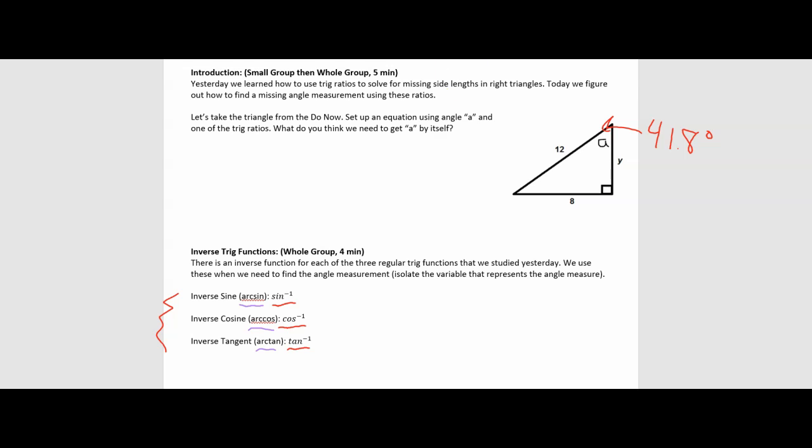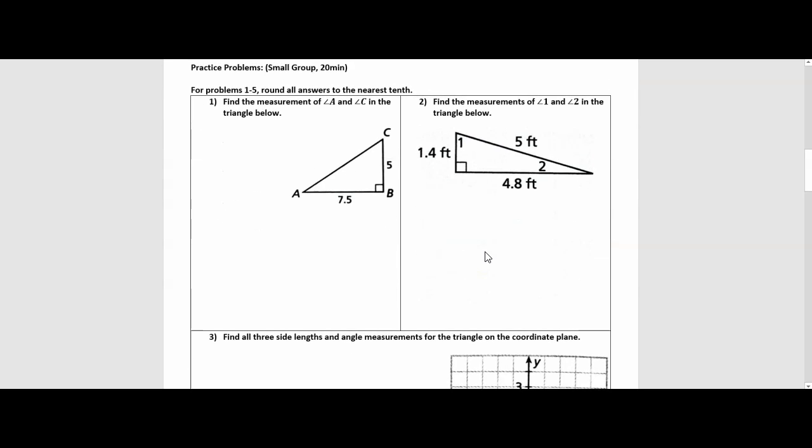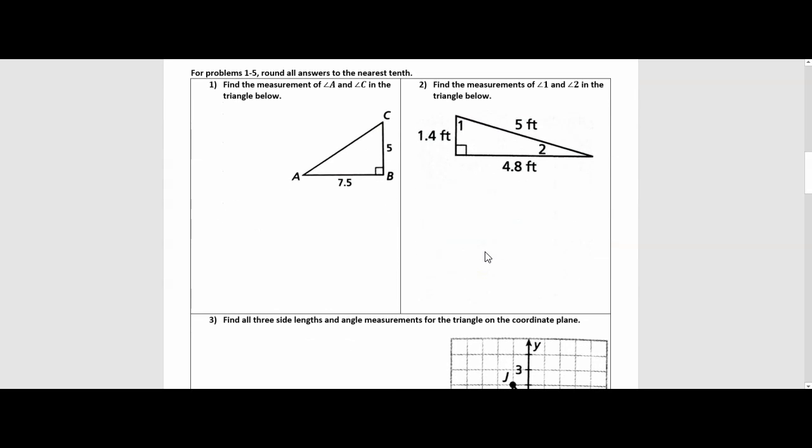Let's get some practice in, though. Best way to learn. We're actually going to do 1 and 2. So in both of these problems, you were asked to find the measurements of all of the missing angles. So there's 2 in each problem. You will have to use trig for one of the angles, and then maybe you'll see the easy way to find the third angle.